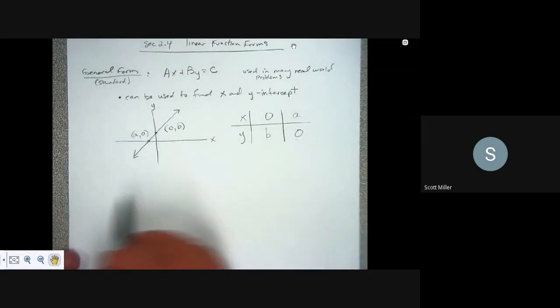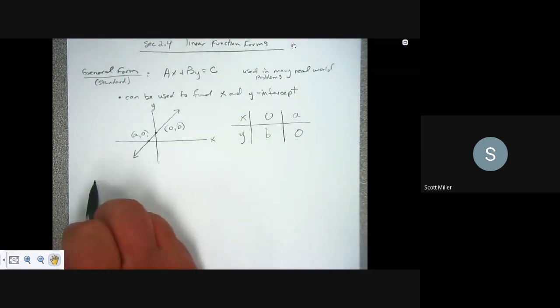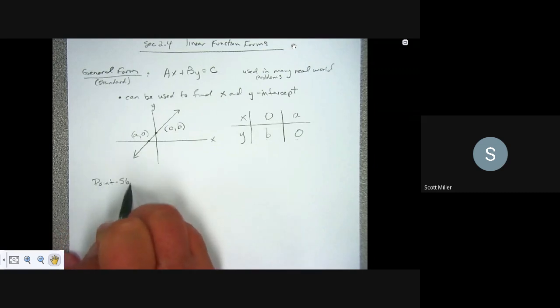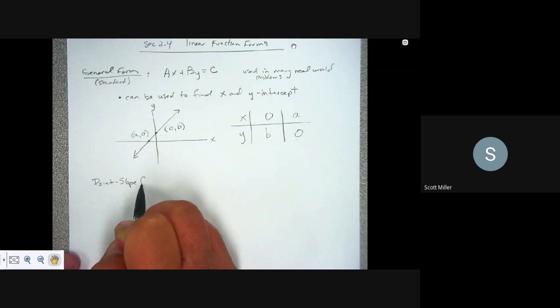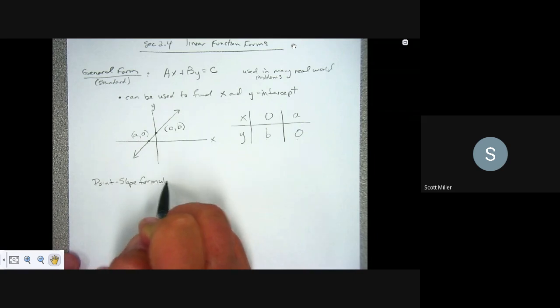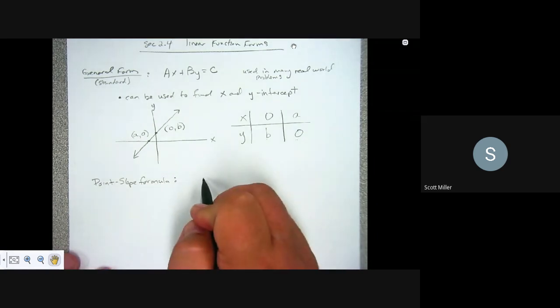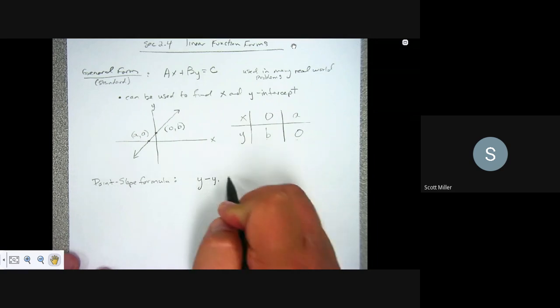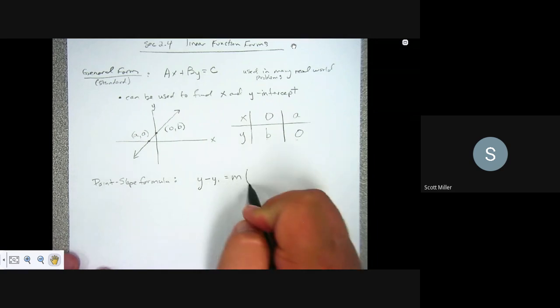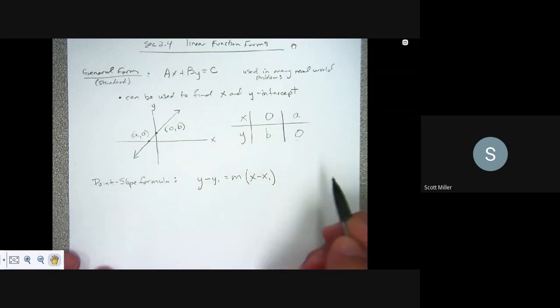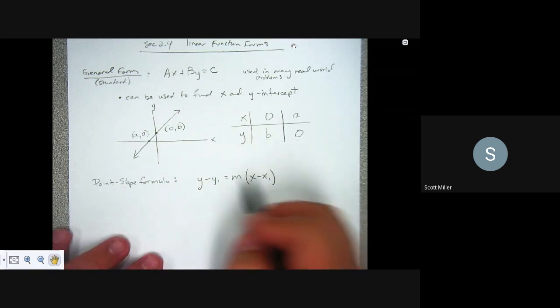And the next one I want to look at is the point-slope formula. And that is this one right here. And when you look at it, hopefully you'll see some very interesting things that we did. So this is what it looks like.